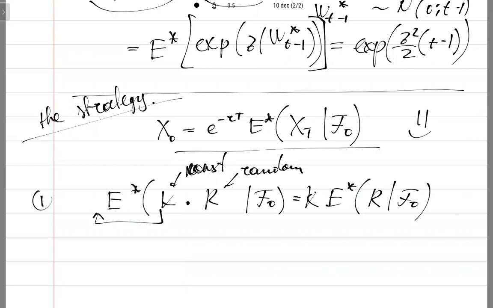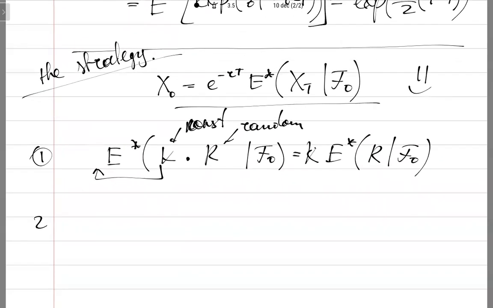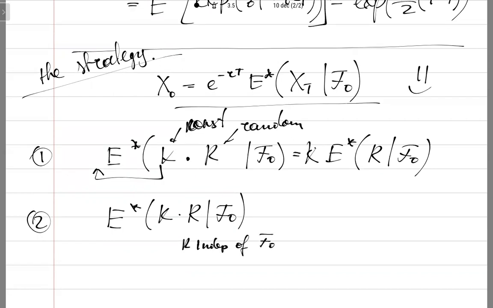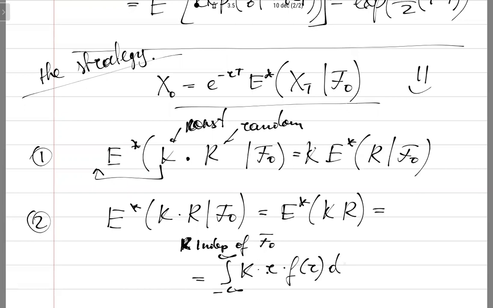Imagine that R is independent of F0, because we can always do some transformations in the other case. So it is an ordinary expected value. And then you can take the integral from minus infinity to infinity of K times R times the density function of R, dr.